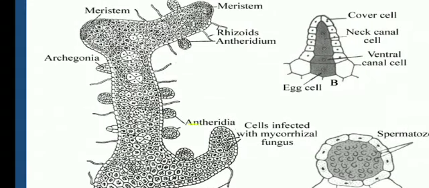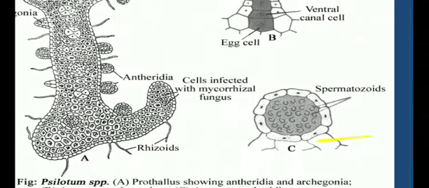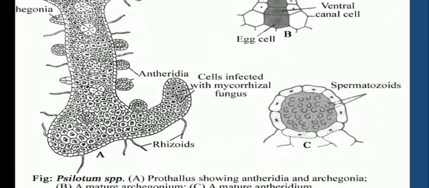You can also see the presence of rhizoids, and you can also see the presence of archegonia and antheridia. Antheridia begin to develop on the gametophyte earlier than the archegonia.